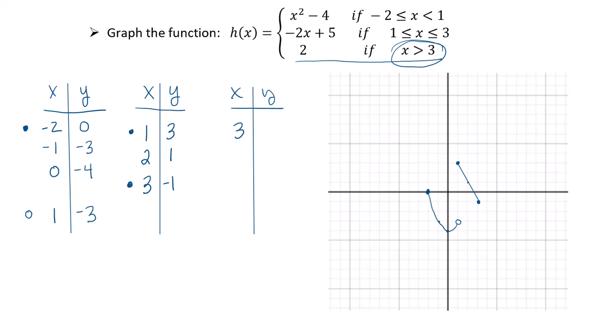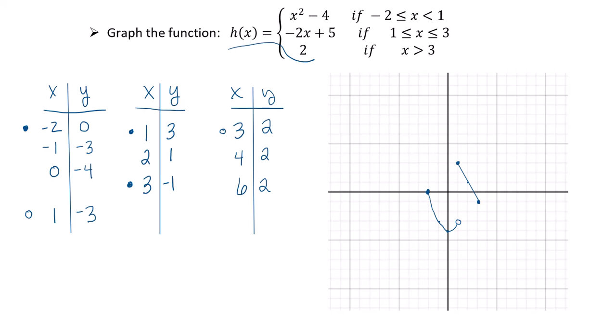Pick x's that are greater than 3, maybe 4, maybe 6. Now, we know that we cannot be equal to 3, so we're going to notate to the left of the table that this is going to be an open circle once we graph it. And when we plug that into the function, out comes 2 every time.